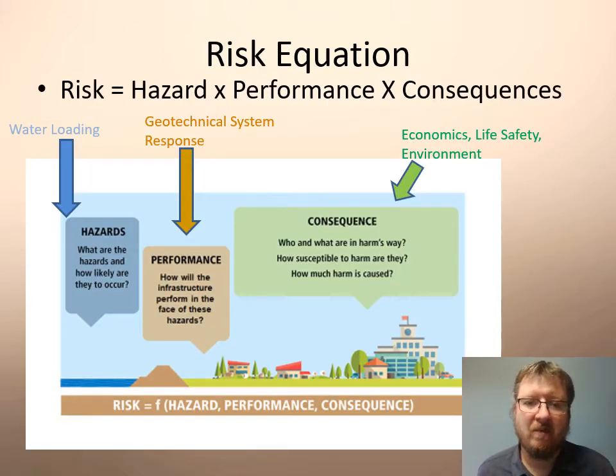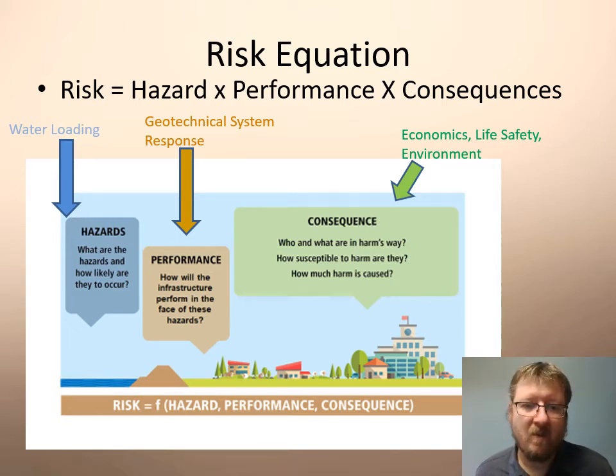When we talk about flood risk management structures, we're trying to reduce flood risk for communities, right? And so the risk equation is really the hazard, which is the water loading, multiplied by the performance of the flood control or flood management feature. In this case, it's the geotechnical system response of this levee in this picture, and that's multiplied by the consequence.